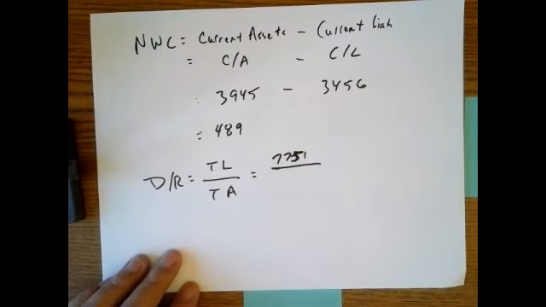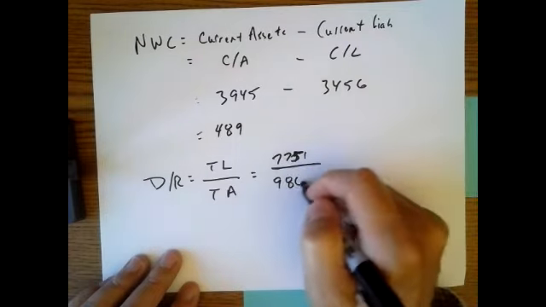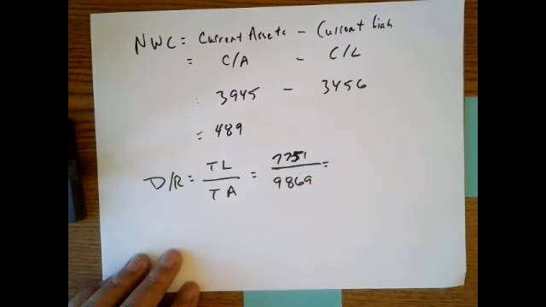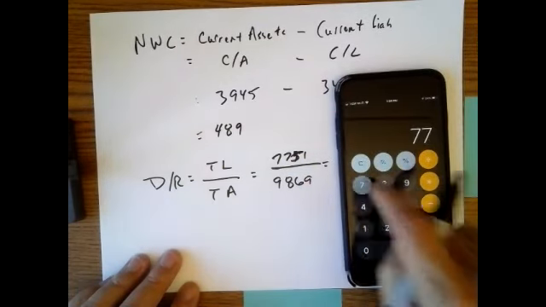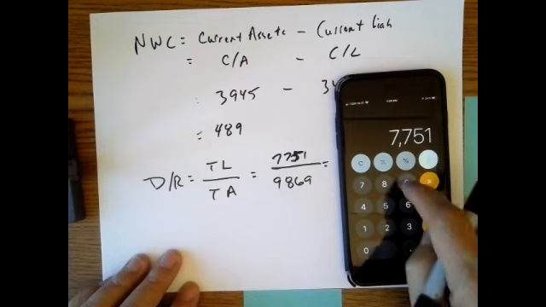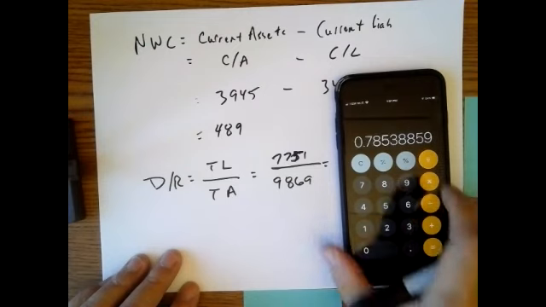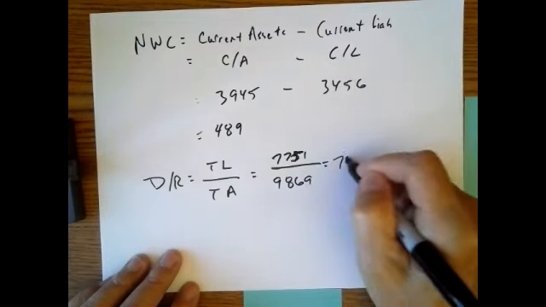And we go to the bottom line of the asset portion and find total assets of 9,869. So 7,751 divided by 9,869 gives us 78.5%.